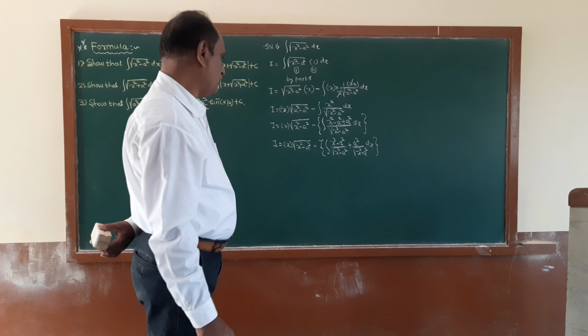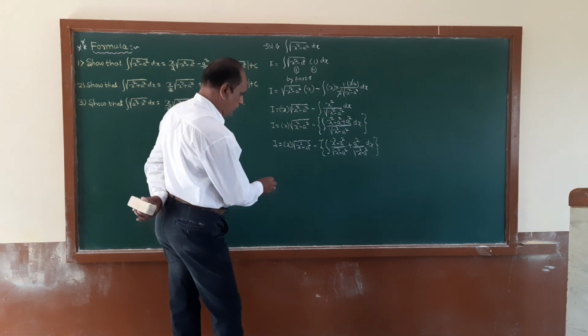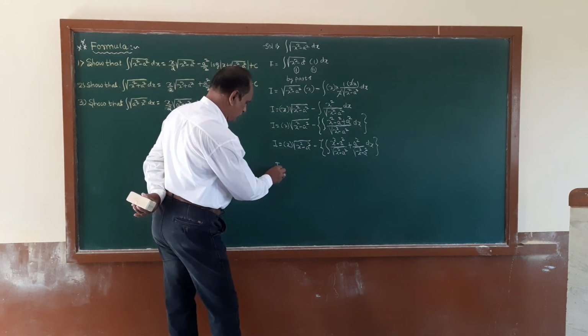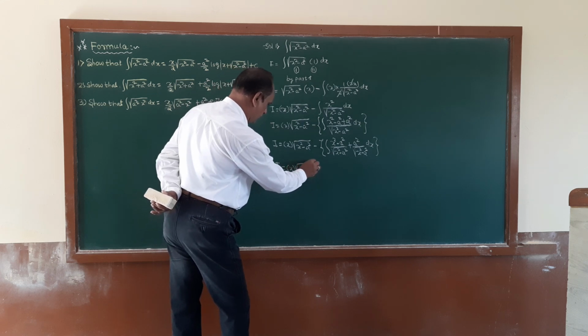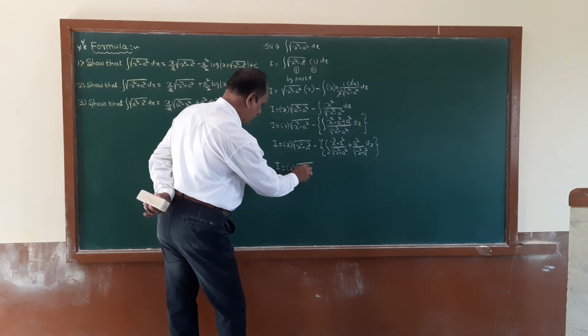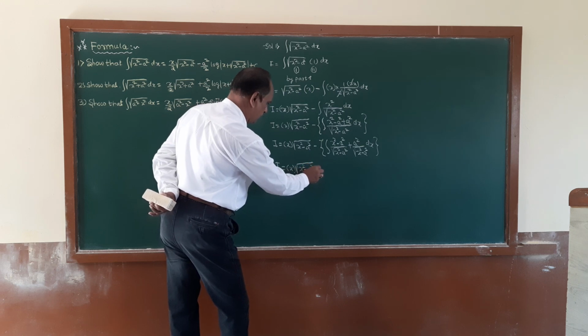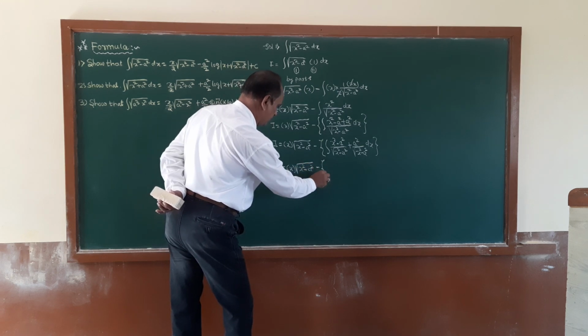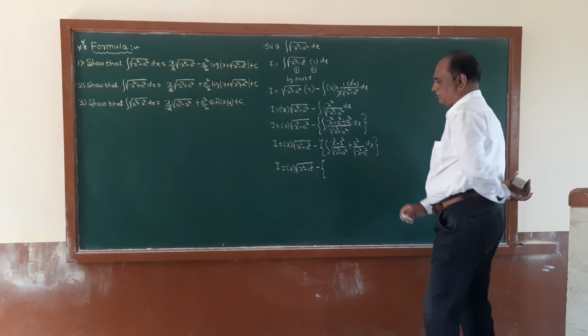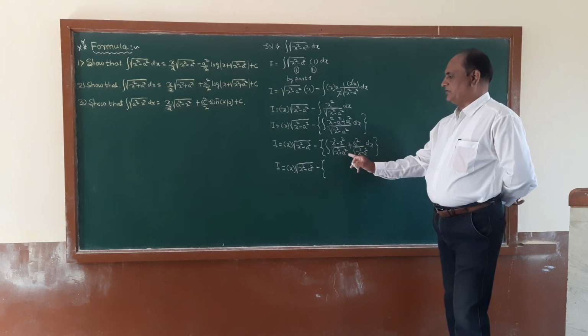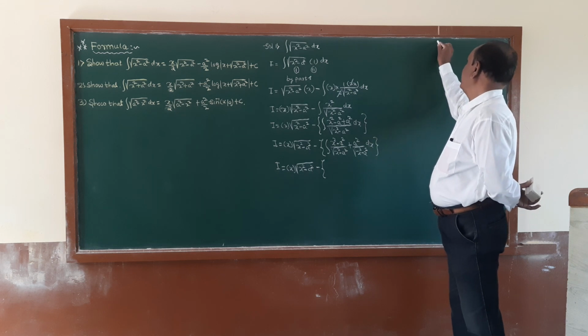Then the next important step. Therefore I is equal to, very simple, x into the square root of x square minus a square minus, inside the flower bracket. So you have to write the given things in the simplest form. Here it is a divided by root a.